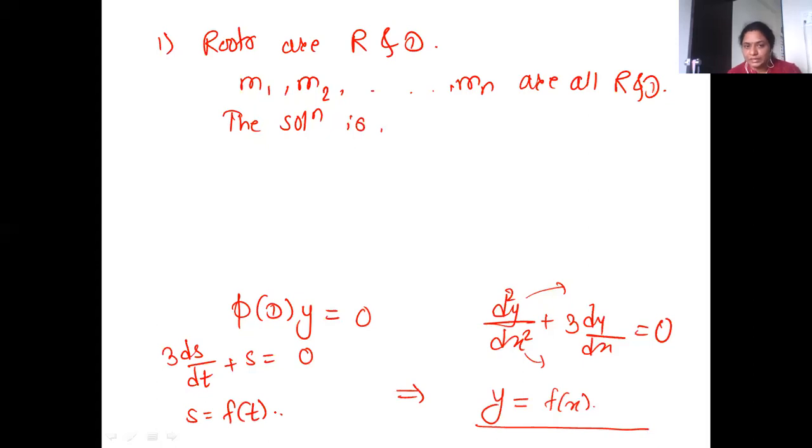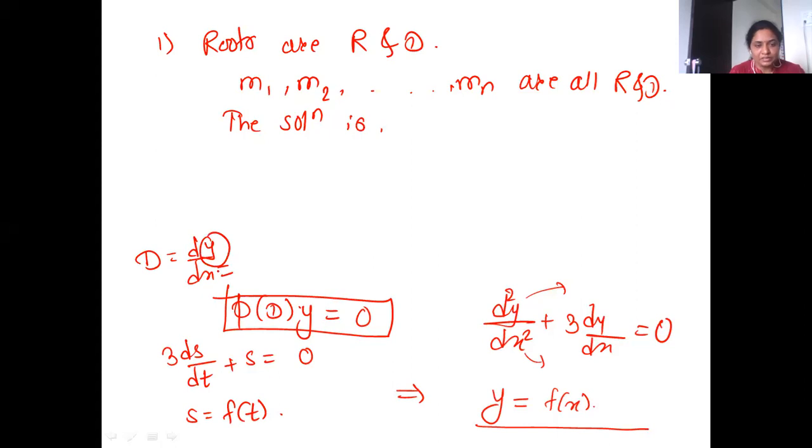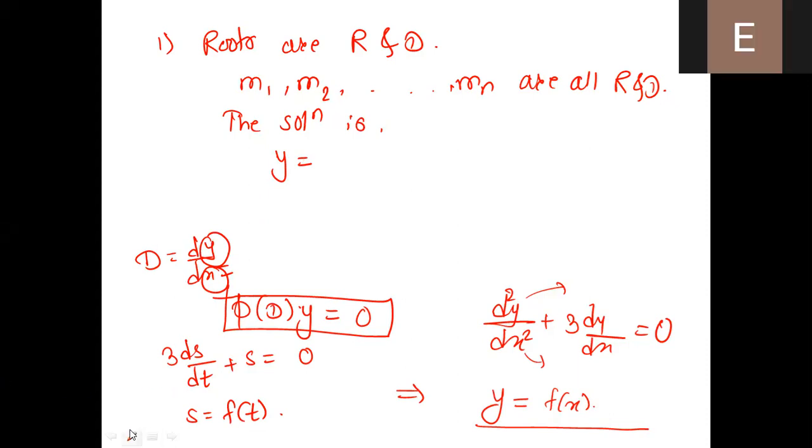Okay, clear? So whenever your equations are f(D)y equal to 0 type, it is very clear that D is d by dx, and y is there, so it is a dy by dx term. So dependent is y and independent is x. The solution can always be y is equal to something. Clear?